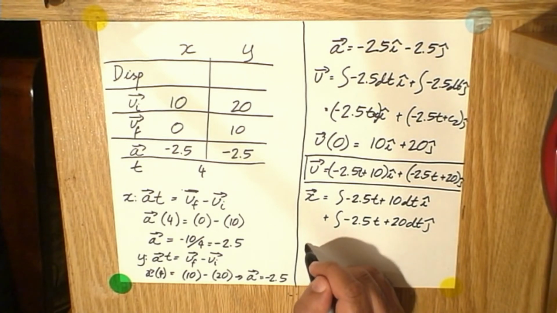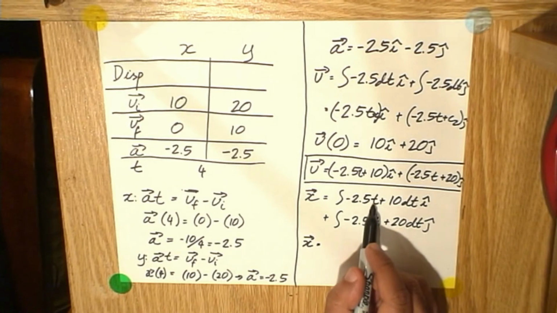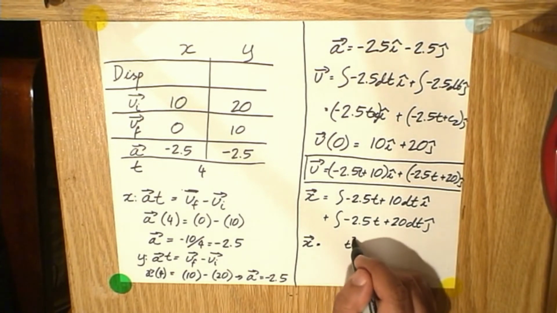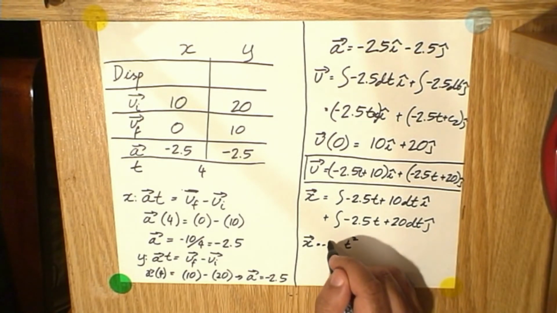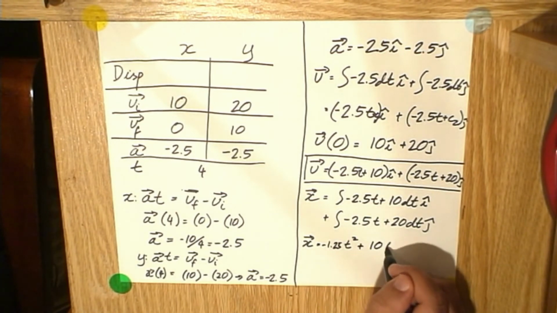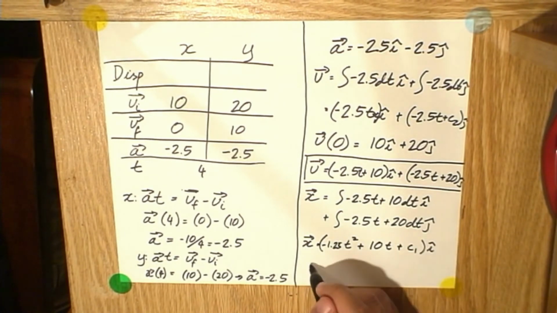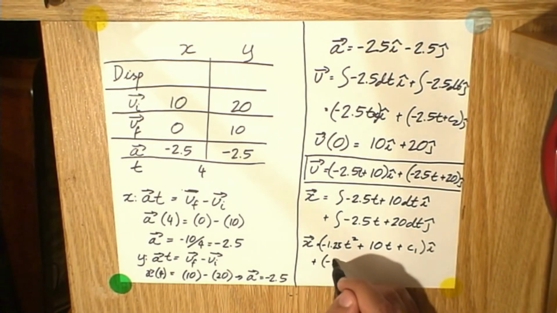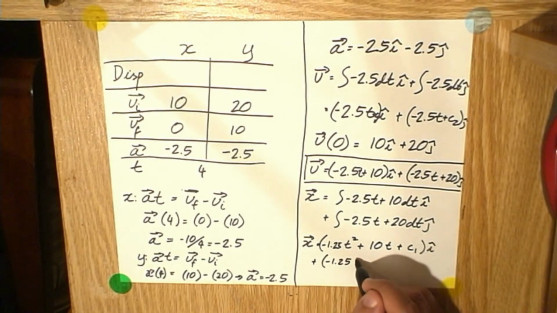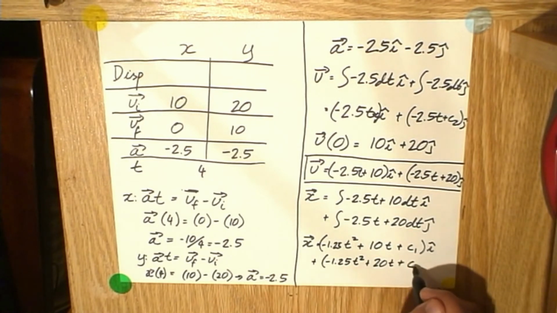When you solve this out, the t term becomes negative 1.25 t squared plus 10t plus c1 i hat, plus negative 1.25 t squared plus 20t plus c2 j hat.